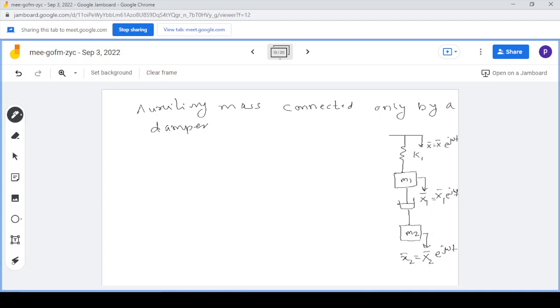Now, to understand the mathematical treatment of this, we need to first go through the other terms such as optimum tuning and detuning, and centrifugal pendulums constructional features.